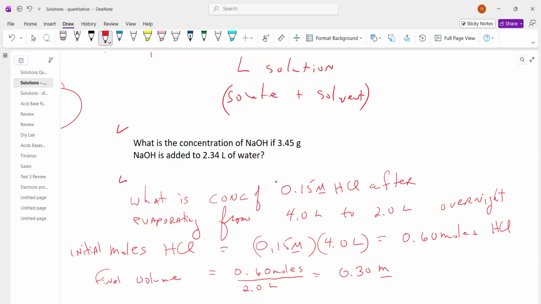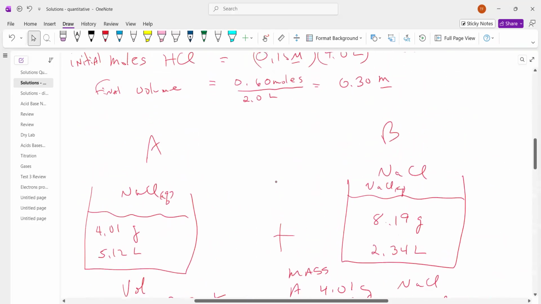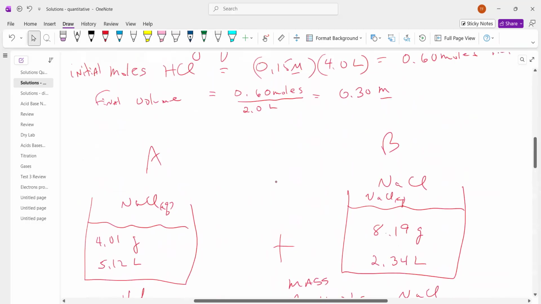Okay, so what I want to do next week, let me give you some examples of some solution problems. This is what I'm going to start off with next week. Two beakers, A and B. We've got both aqueous sodium chloride.